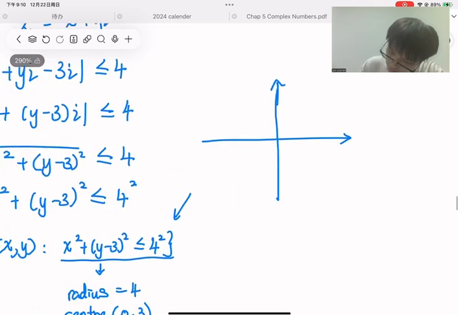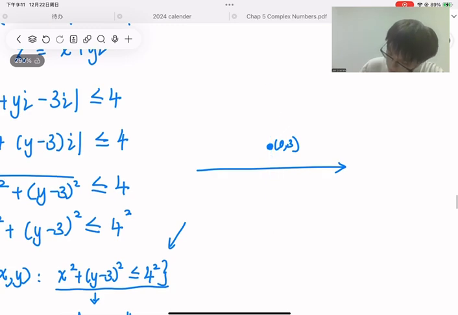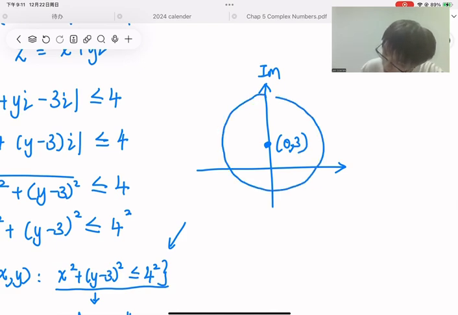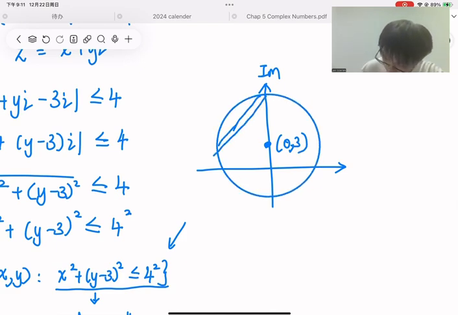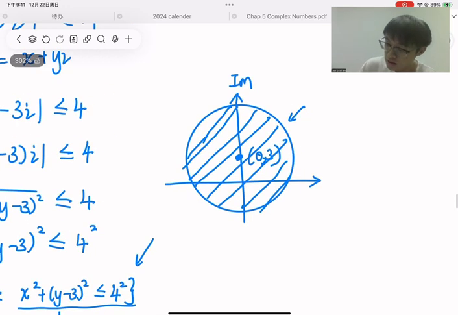We plot the center, which is (0, 3), and draw the curve on the Argand diagram. So our locus is this area. This is the first type of locus, where the locus is a region.